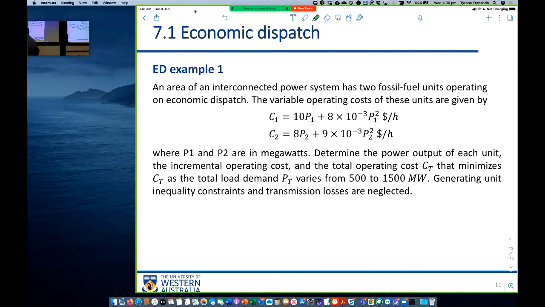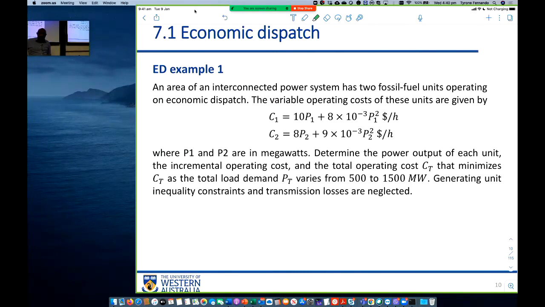Determine the power output of each unit, the incremental operating cost, and the total operating cost CT that minimizes CT as the total load demand PD varies from 500 to 1500. Generating unit inequality constraints and transmission loss are neglected.